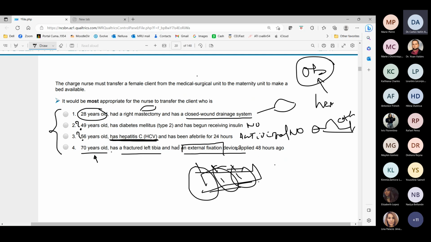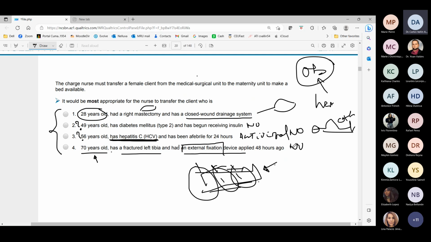I think that OB nurses don't have any of that. When they see that, they are probably going to faint, because they are not used to seeing this, and they are going to be asking, "What is that?" So, what do you think?